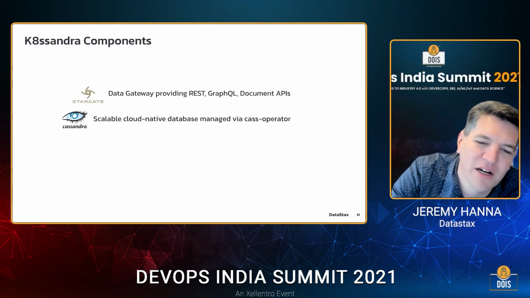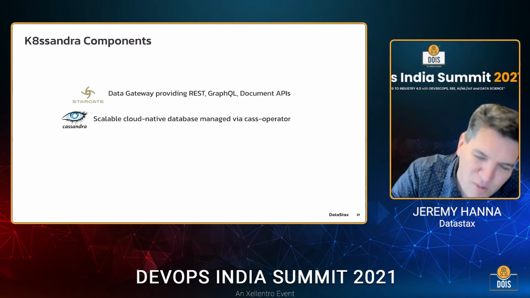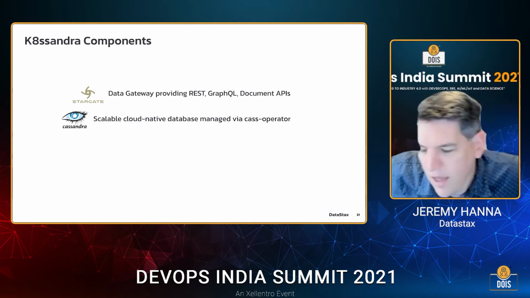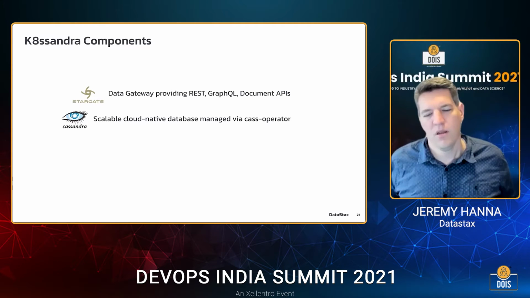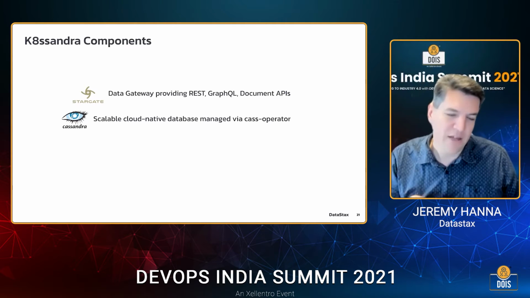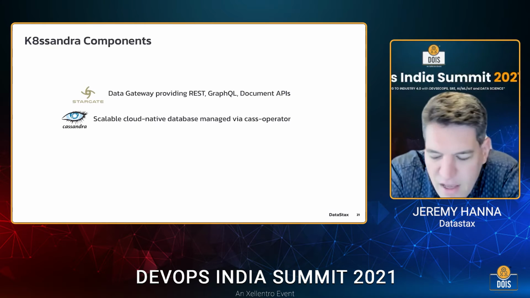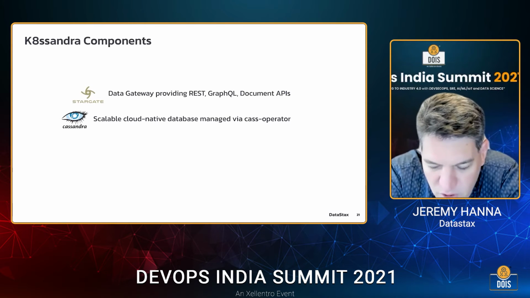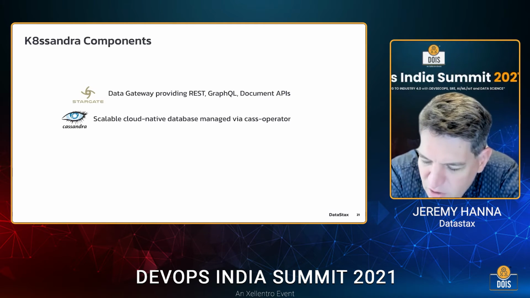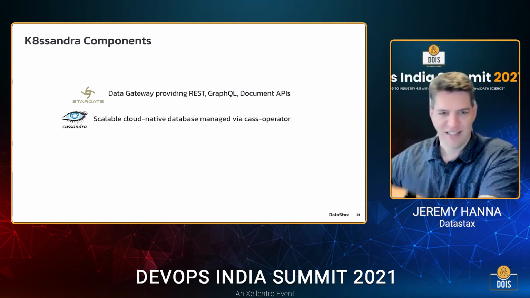Stargate, that I mentioned a minute ago, is a data gateway that provides REST, GraphQL, and document APIs, which is kind of like a schemaless document database with JSON on top of Cassandra. When I spoke to some of the people that I know at Netflix, those 8 people or small number of people that manage Cassandra, they don't give developers direct full access to the database.